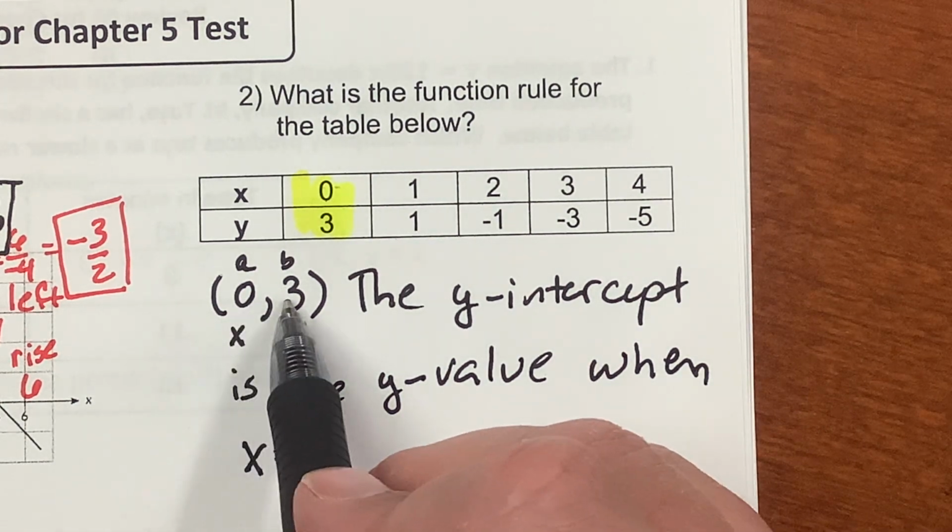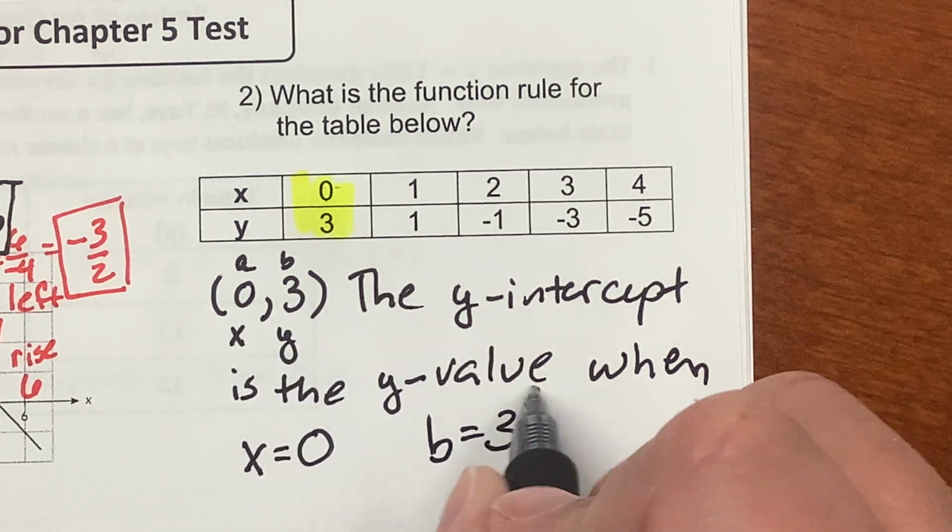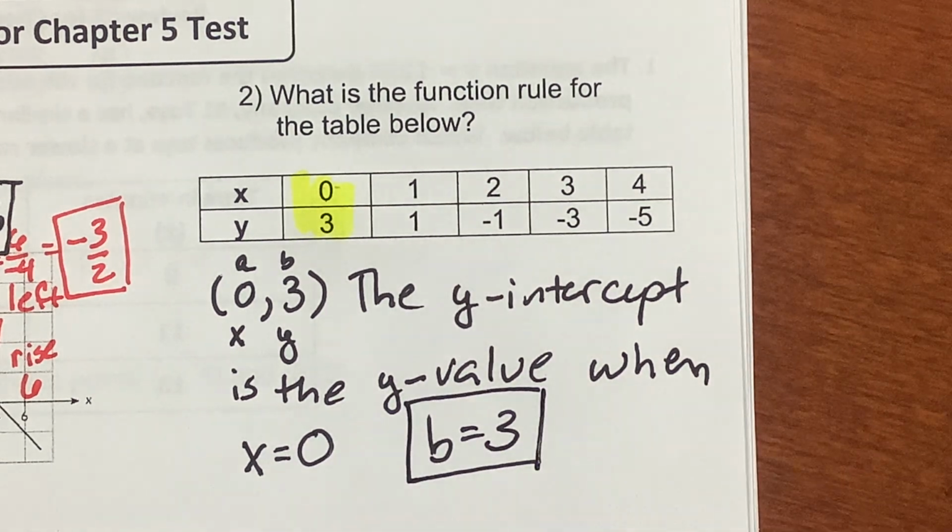So x is 0, b is 3. So for this particular equation, b is 3.